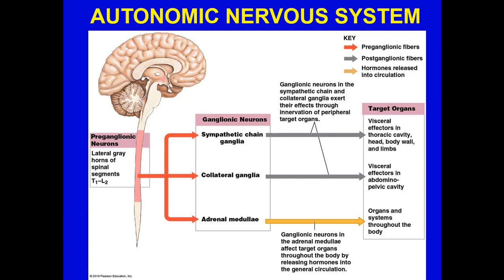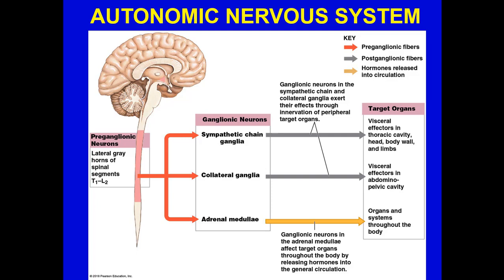Here, though, we have several routes possible. Now, in this case, what we're going to be dealing with, this is involving, first and foremost, the sympathetic nervous system. So I'm going to have preganglionic neurons leaving the lateral gray horn. Okay, remember, the lateral is only showing up in the thoracic and the lumbar, where basically you have, for the most part, the need for the sympathetic activation, or the autonomic nervous system, I should say.